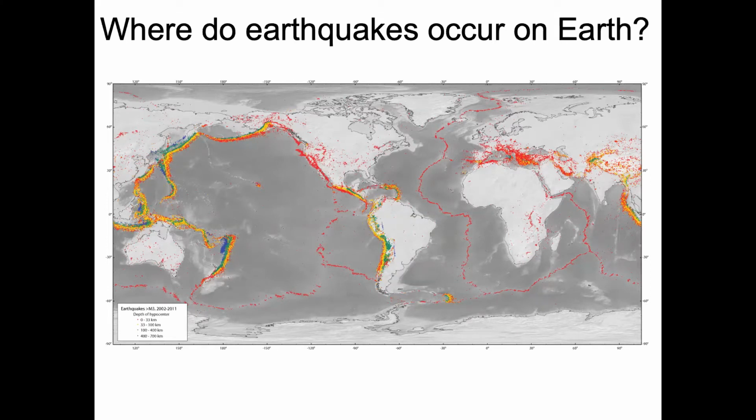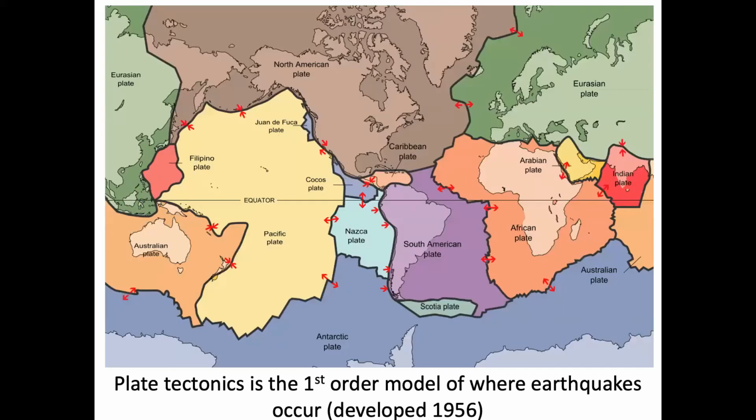They're concentrated generally into quite narrow zones, and these narrow zones broadly align with the edges of tectonic plates. This theory of plate tectonics was really developed in the 50s and the 60s, and it tells us the broad patterns of where earthquakes do and don't occur on the Earth.